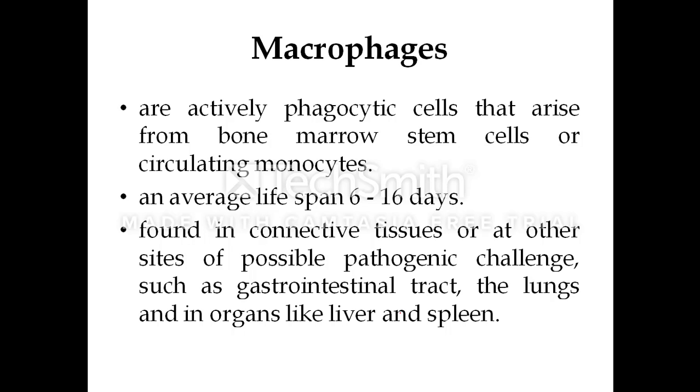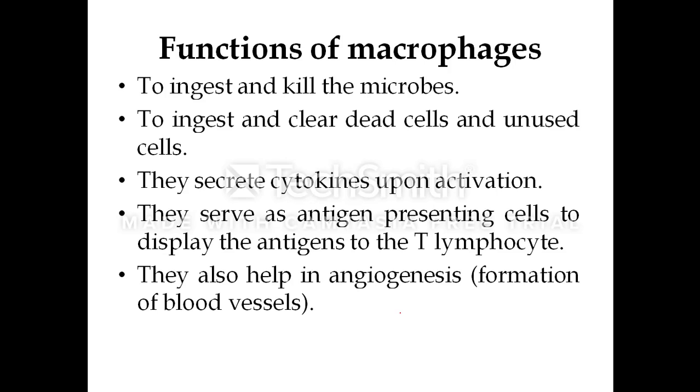On an average, the lifespan is around 6 to 16 days, and they are found in the connective tissues or at other sites of possible pathogenic challenge, such as the gastrointestinal tract, the lungs, and organs like the liver and spleen. These macrophages also exhibit phagocytosis. Coming to the functions of the macrophages, they ingest and kill microbes.